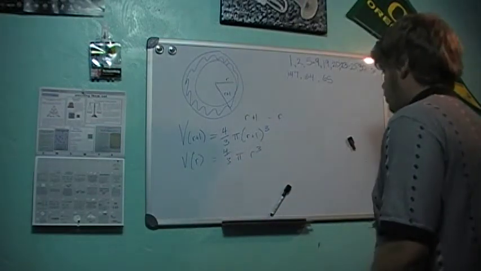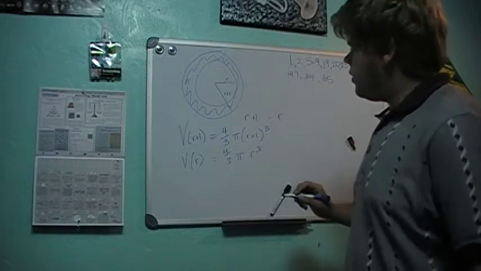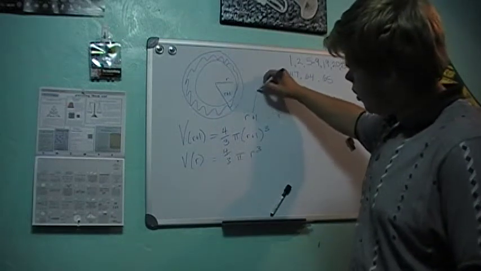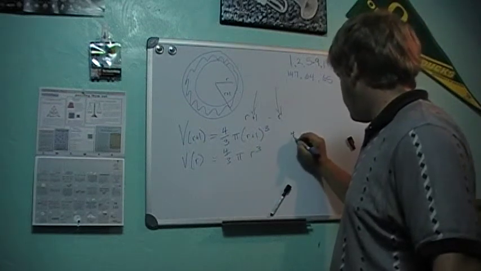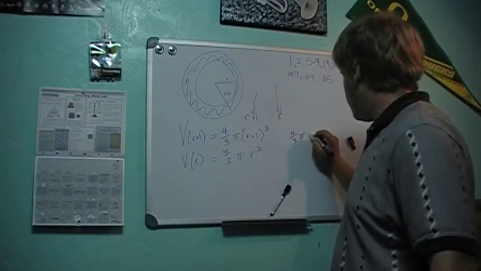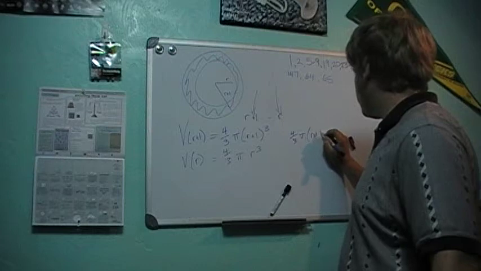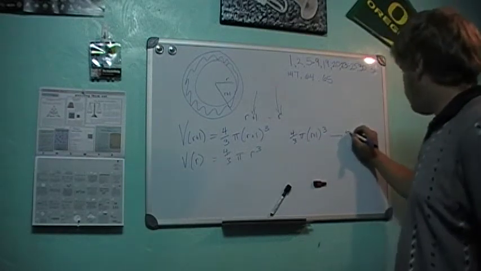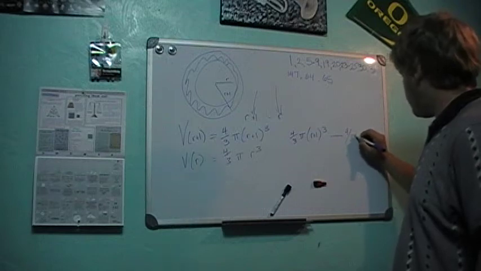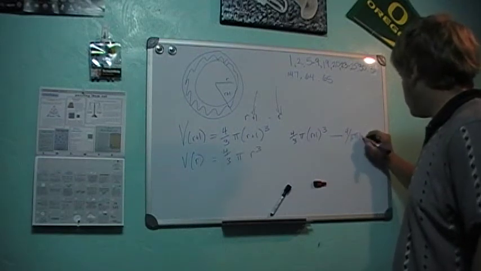That one's really simple. So then all you have to do is do the v of r plus 1 minus v of r. So let's do 4/3 pi (r plus 1) cubed minus 4/3 pi r cubed.